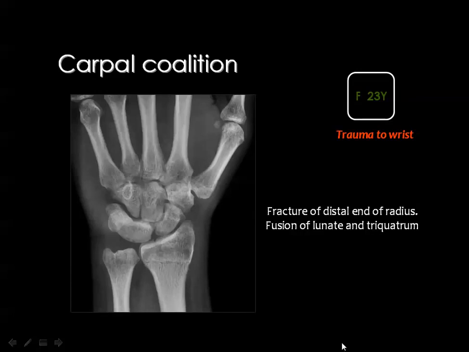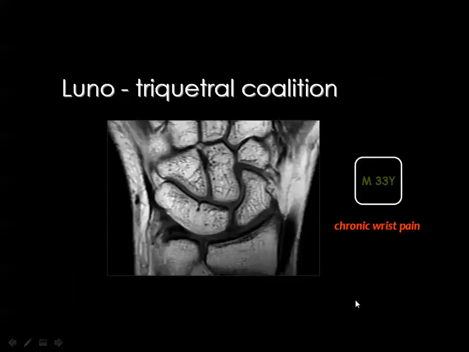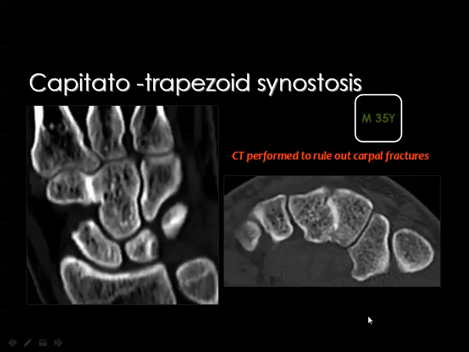Carpal coalition means that there is fusion between the carpal bones, most commonly the lunate and the triquetrum. And this is an example by MRI, and you see the scaphoid, the lunate and the triquetrum are now forming a single bone.